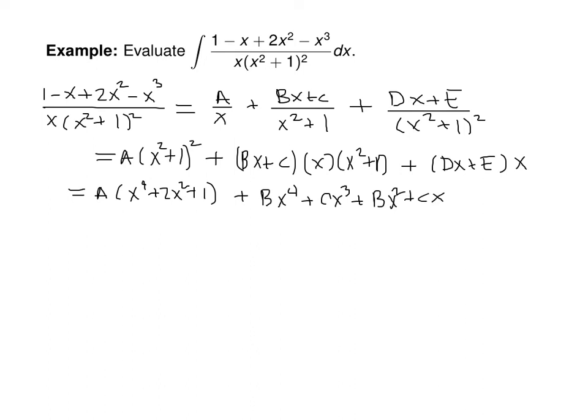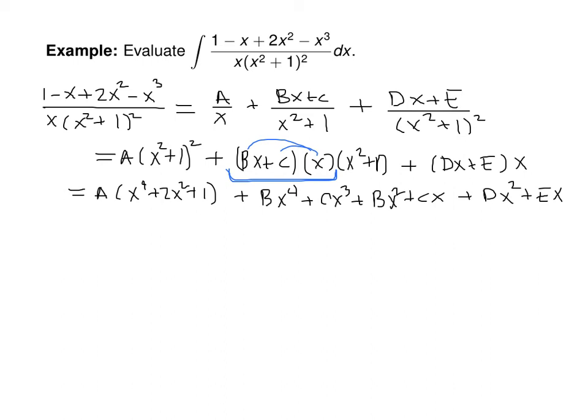And how I got that was I first distributed that x and then multiplied the result by x squared plus 1 using distribution. And lastly we get plus dx squared plus ex.